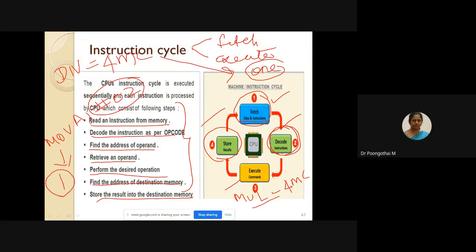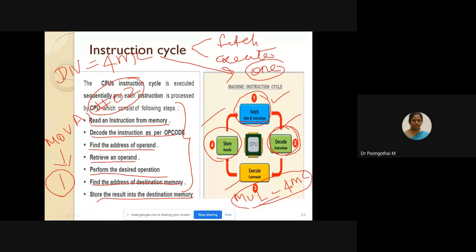Move requires 1 machine cycle to complete its execution. So the minimum number of machine cycles required is 1, the maximum is 4 to execute a single instruction. According to your 8051, the minimum is 1, maximum is 4. The maximum machine cycles are required by 2 instructions, that is div and multiplication.